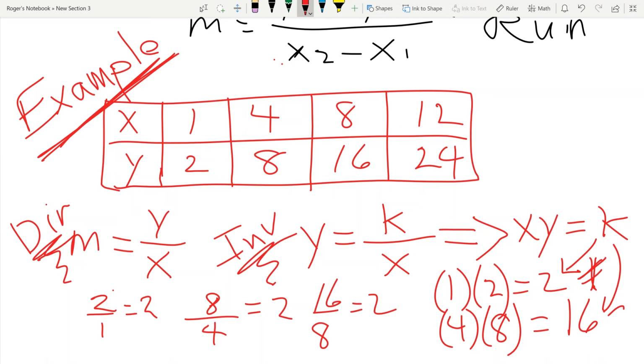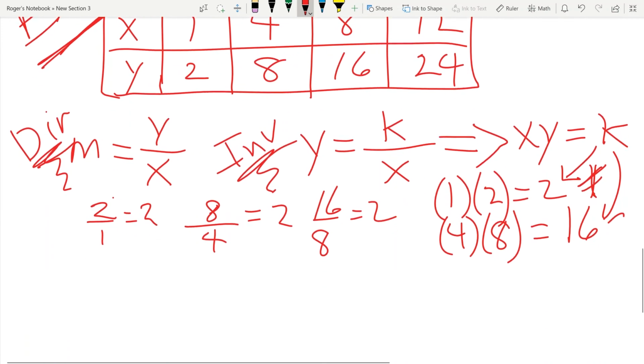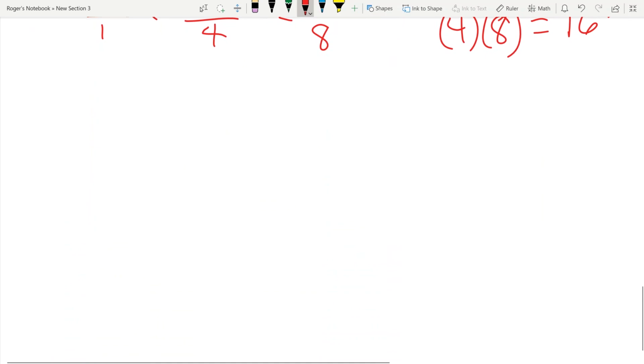So when we divide y by x, we always get the same constant. And that constant is the slope of this line, m. We have a slope of 2. So what type of variation is this? This is direct variation. It's linear, and it's a straight line with a slope of 2. So yes, direct variation is this example. It is not inverse variation. Let's work on another one and see if we can make sense out of this.